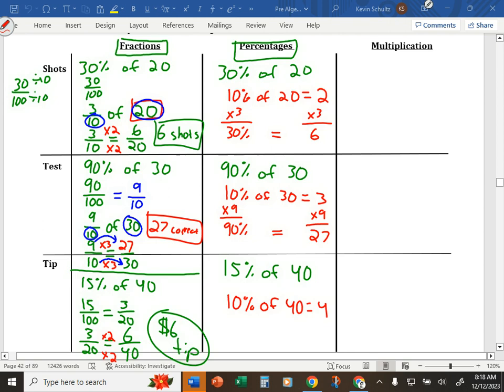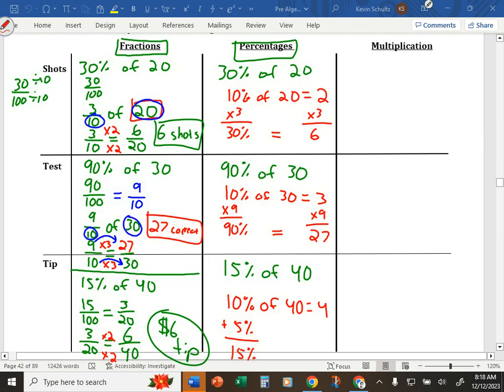But this time, I can't multiply 10 by anything to get up to 15%. Here I needed 30%, so 10 times 3 is 30. Here 10 times 9 is 90. Here it's 15. So instead of multiplying 10 by something, I'm going to be adding 5%, because 10% plus 5% is 15%.